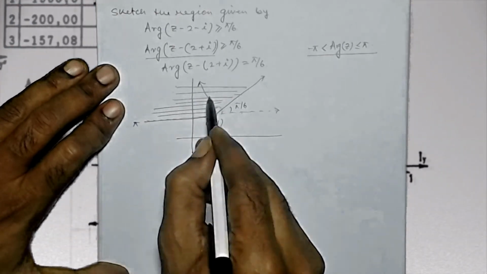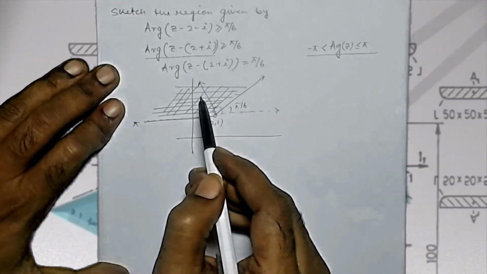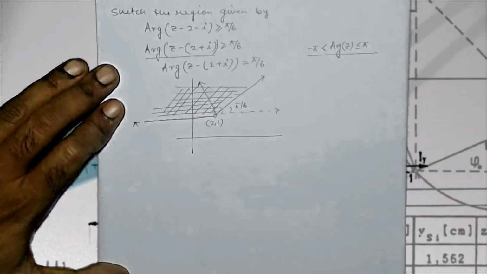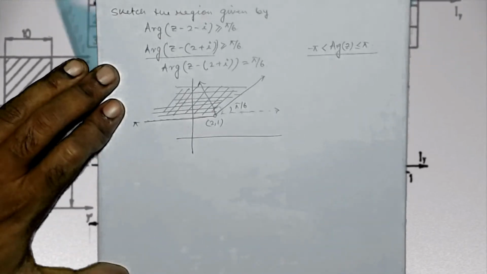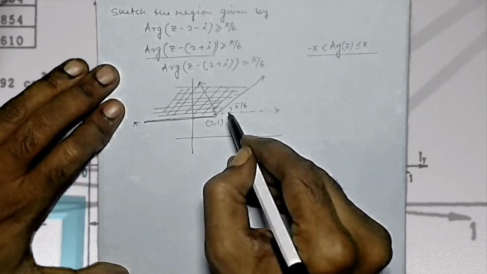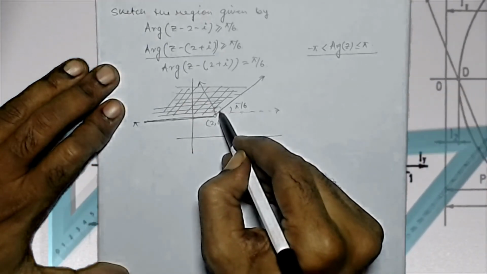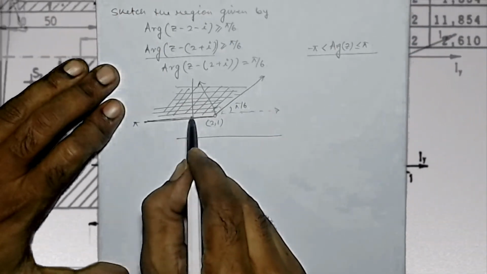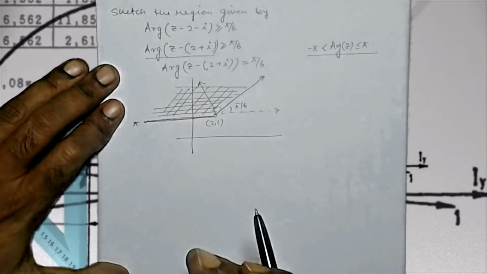So anywhere in this shaded region, your argument is greater than equals to pi by 6. Is it clear? Therefore, the locus of the point z is in this shaded region, including this line. That is, the complex number z can be anywhere on this line as well as anywhere in this region. Is it okay? Let us take another example.